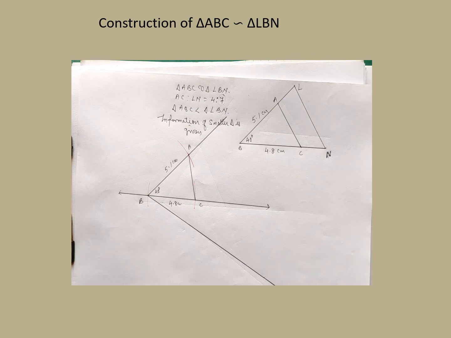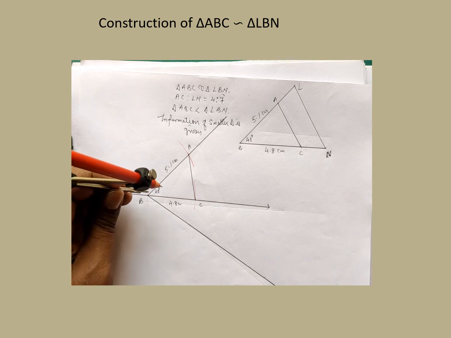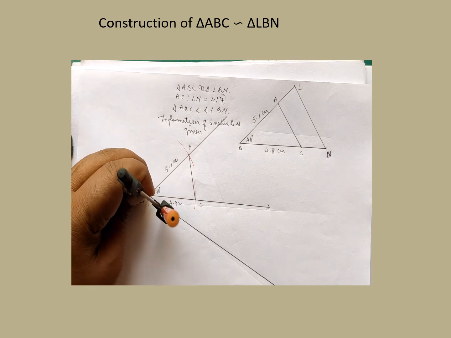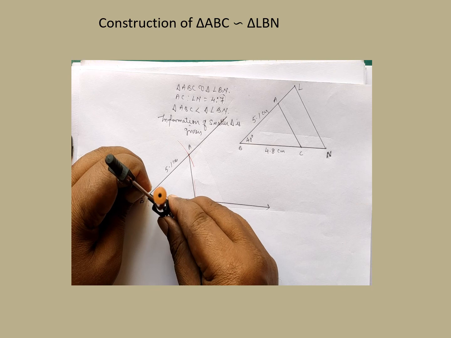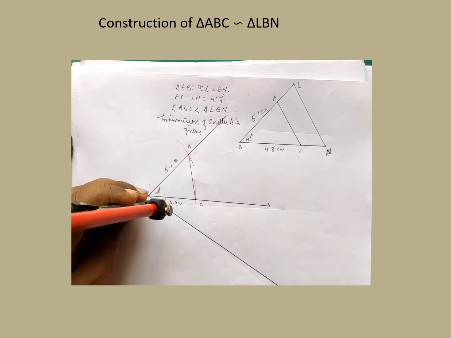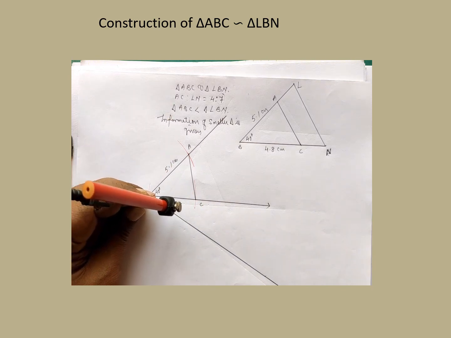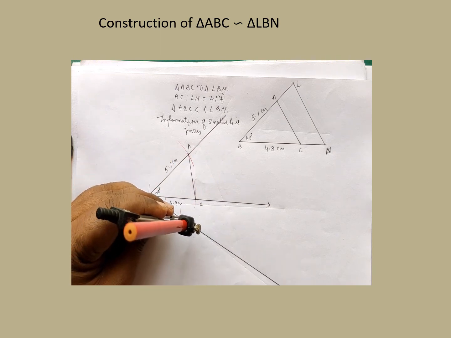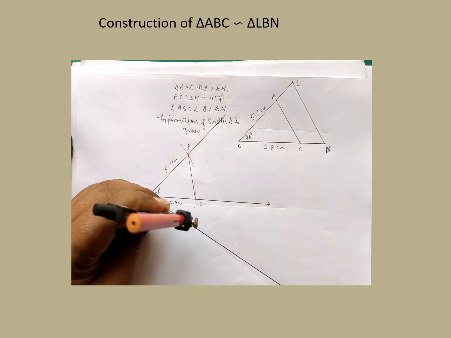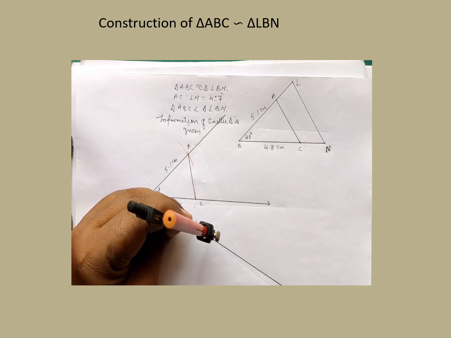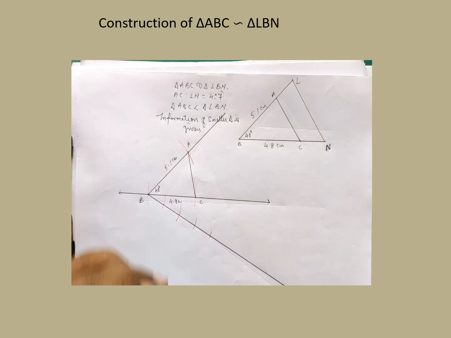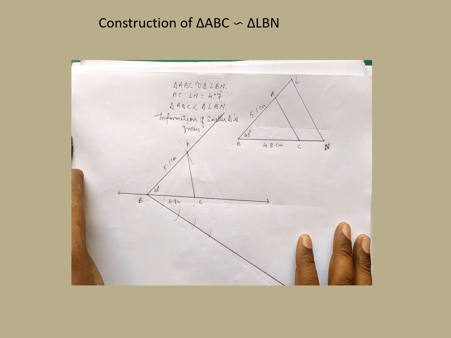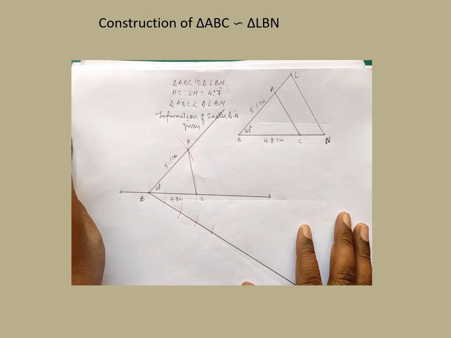Now again take a radius, fix a radius of 7 centimeters from B. 1, I hope you can see clearly. 2, 3, 4, sorry, the paper is shaking, so we have to fix it.